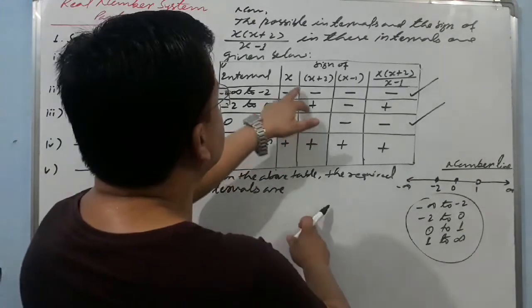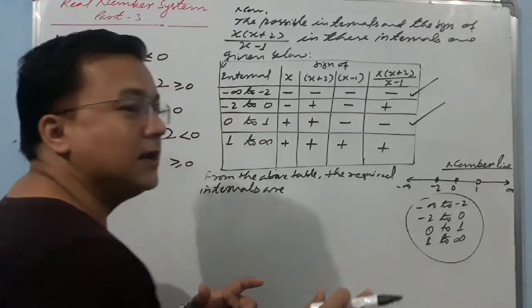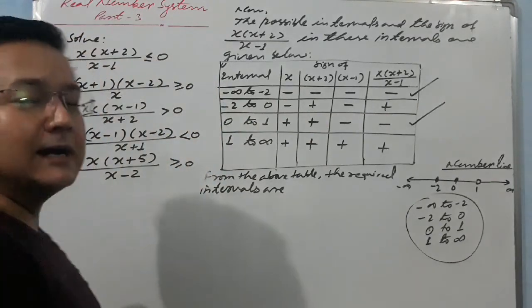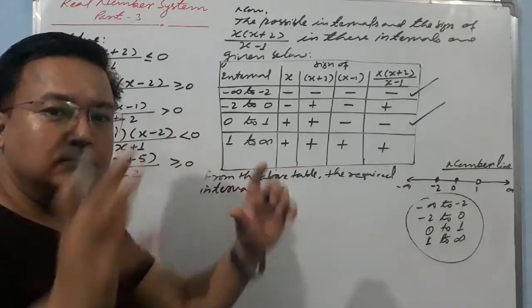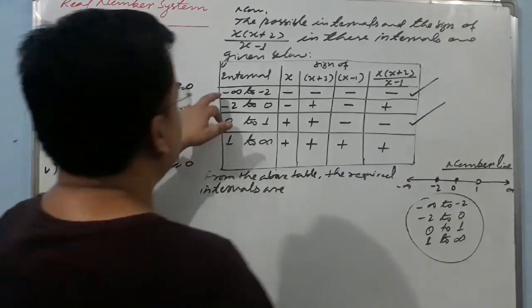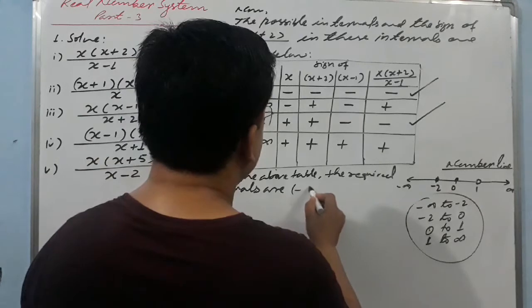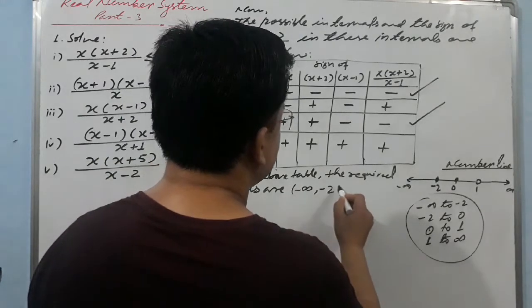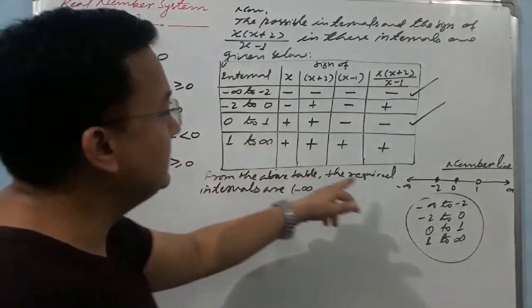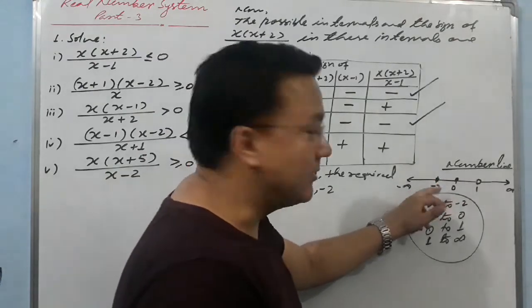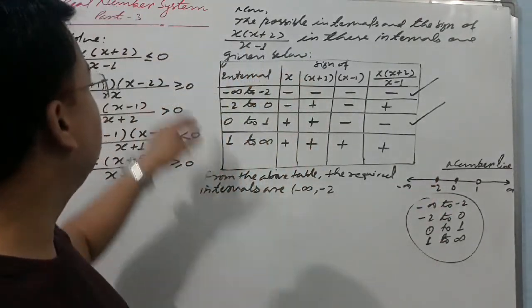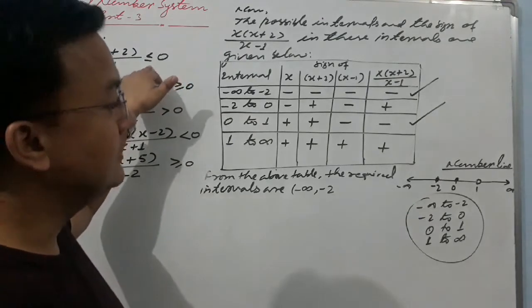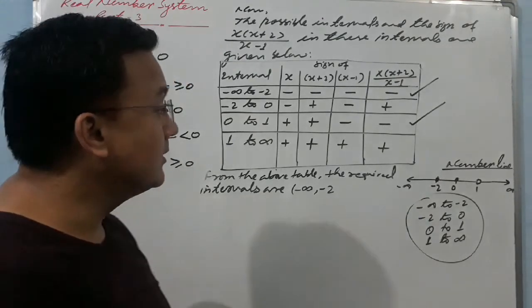Now what is this one? With infinity, whether it is negative infinity or positive infinity, you always need to take a small bracket. So minus infinity and -2. Now at -2, I have made a dark circle, because at x is equal to -2 we are getting 0, that's why I have made a dark circle.